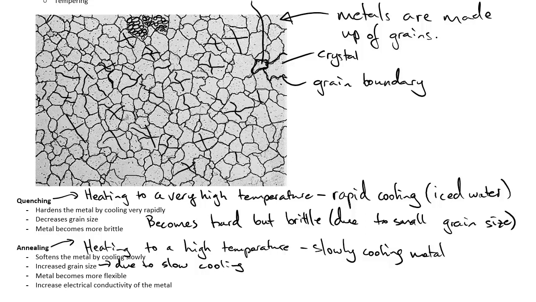And so they can slide over each other, and there are not so many grain boundaries, and as a result you can bend the metal a lot more easily.